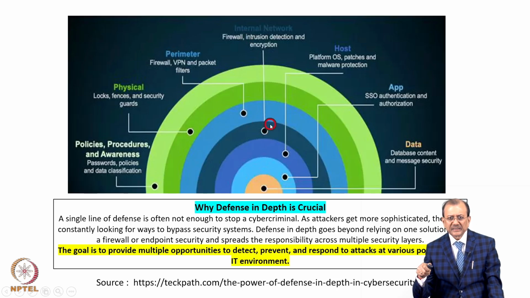And then there are the things which we already discussed: the firewall, application security, data security. So different layers of security have to be considered, so that any malicious person or malicious attempt made on an organization has to pass different levels of security.